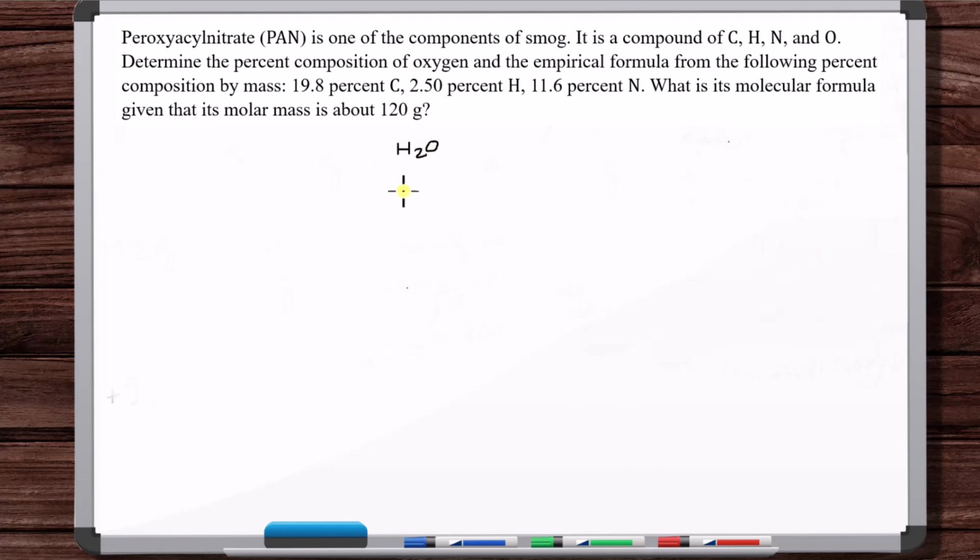But if you had H4O2, I'm not sure if that's a real molecule, but this would be the molecular formula, and the empirical formula of this would be H2O.